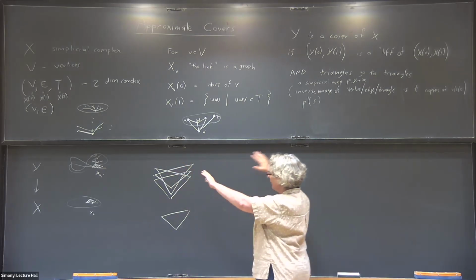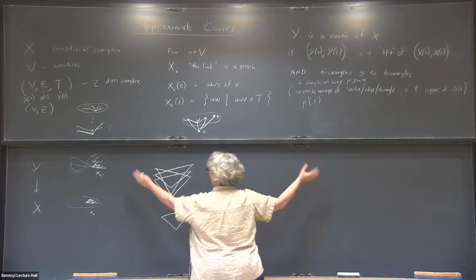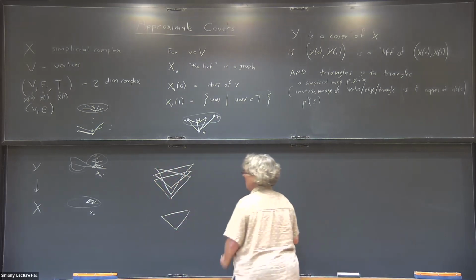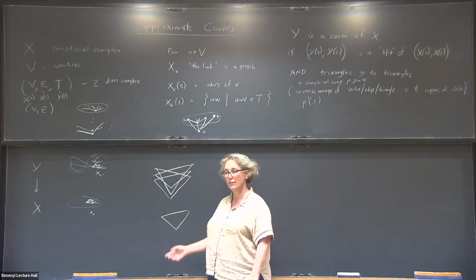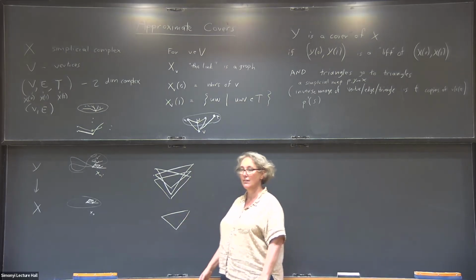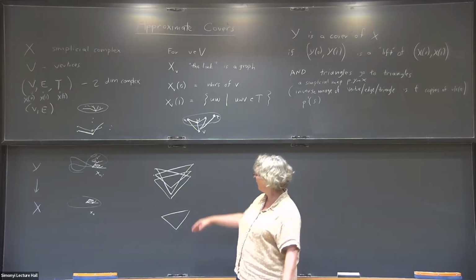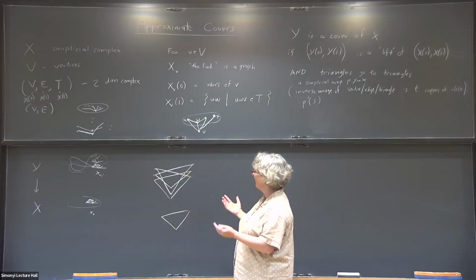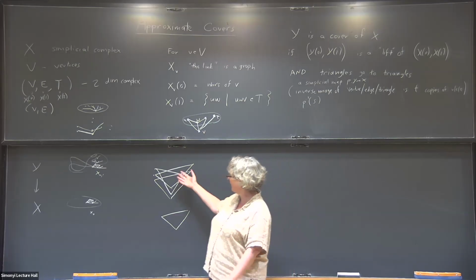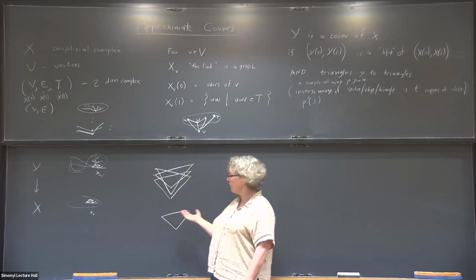Okay, so I'm imagining now I have some kind of a graph lift from Y to X, and I want to know how often. So this is a cover of the skeleton, but not of the 2-dimensional complex. Exactly. So I'm given a cover of the skeleton, and I want to know how bad it is in terms of being a cover of the actual simplicial complex.